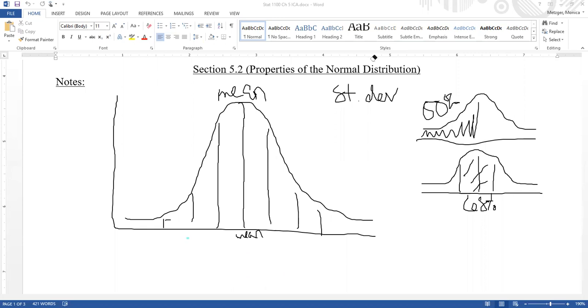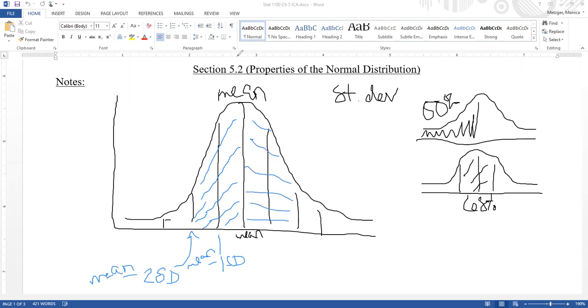What if we went 2 standard deviations out in each direction? If this was -1 standard deviation, going one more to the left would be -2 standard deviations, the mean minus 2 standard deviations. That's the mean to 2 standard deviations to the left, and we could do the same to include 2 standard deviations to the right.